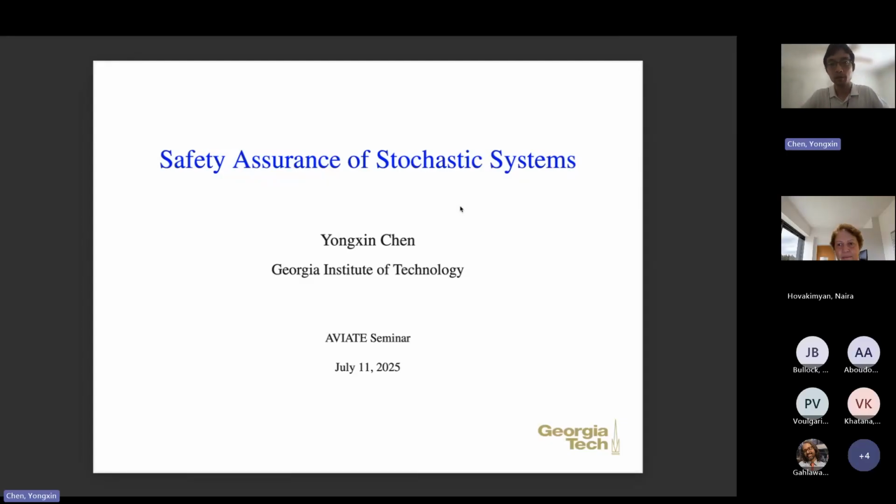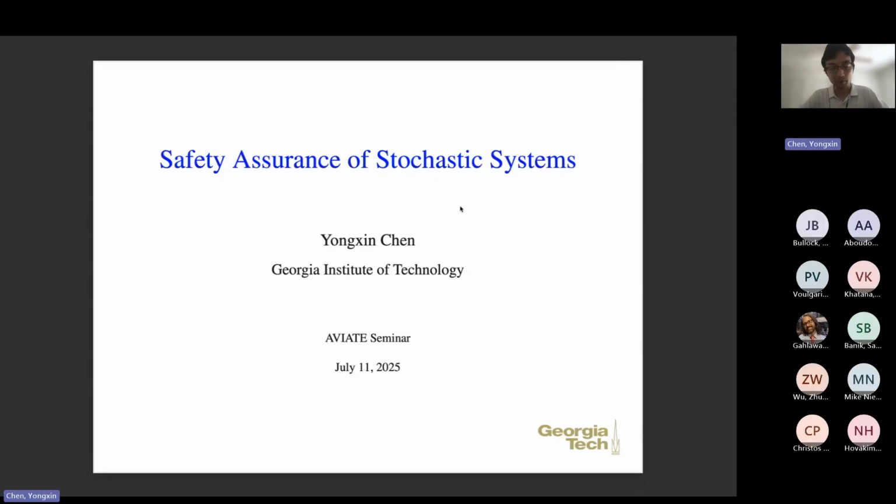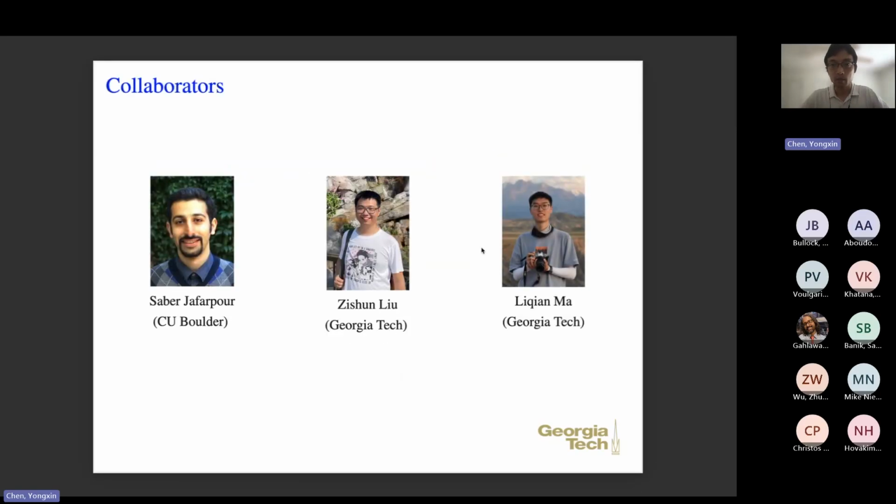Today I really want to share some latest work on safety control, or safety verification specifically, for stochastic systems. This is based on joint work with my collaborator, Saber, and also my students, Zishun and Li Chen.